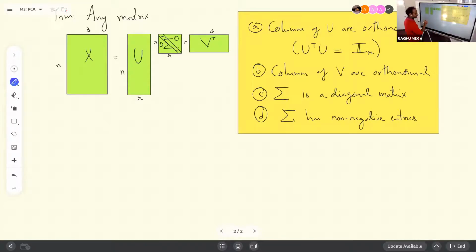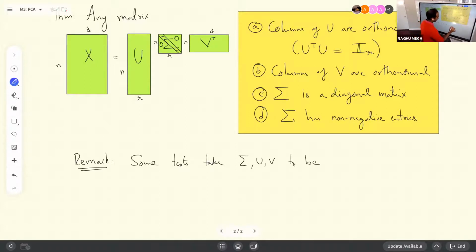And just as a remark though, some texts take sigma, U, V to be d by d with some zeros.